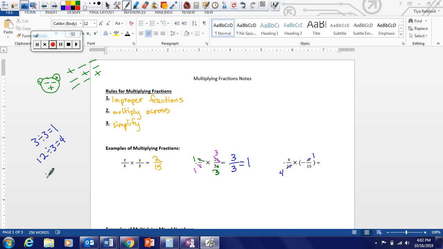Six and 15 also divide by 3. Now, my answer is positive. I'm going to write that. 2 times 1 and 4 times 5. Now, I still need to simplify. I can divide 22 by 2 and 20 by 2.